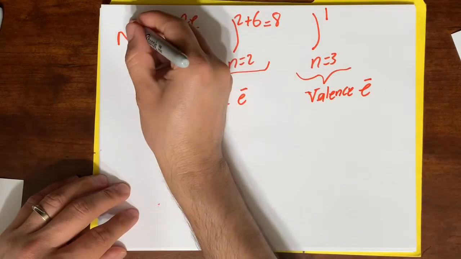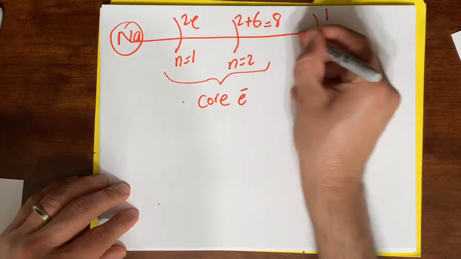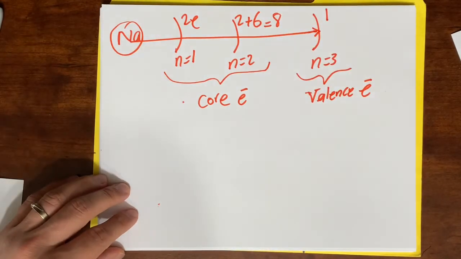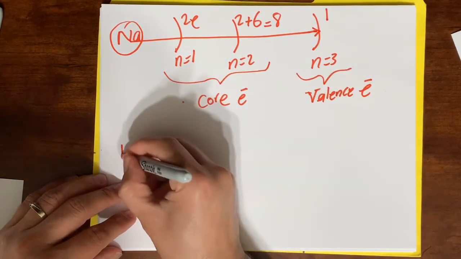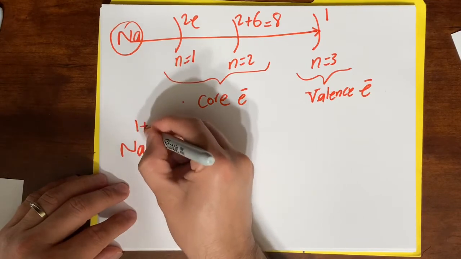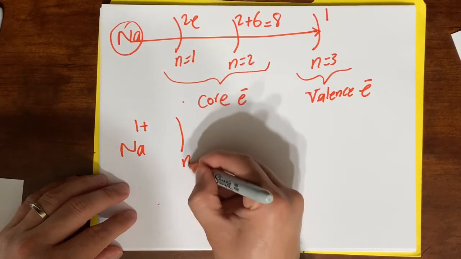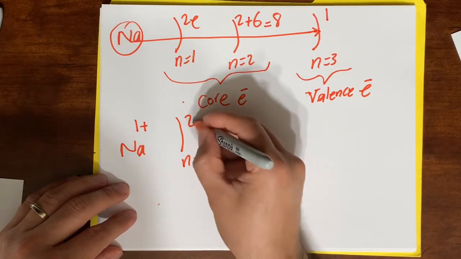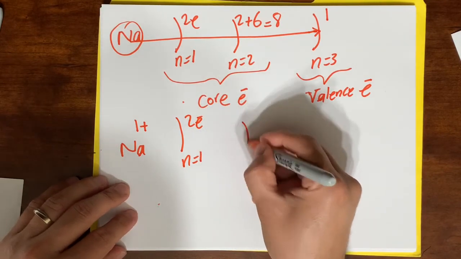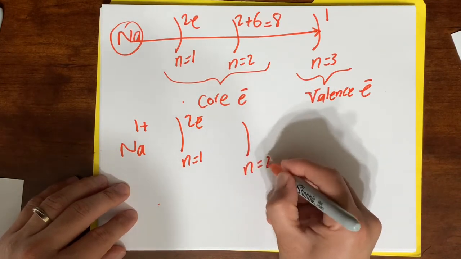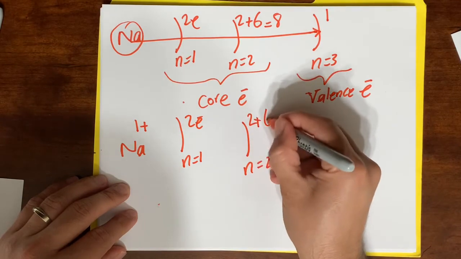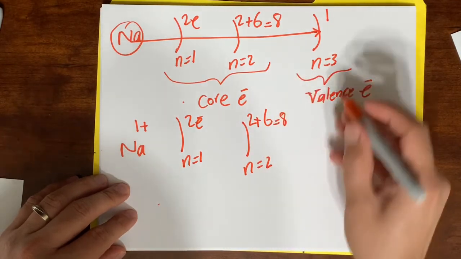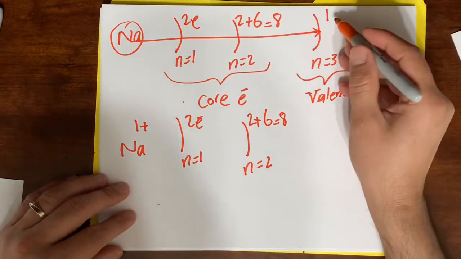You take the valence electron, compare it with sodium plus 1. You will have n1 with 2 electrons, and n2, 2 plus 6, 8 electrons. This one is gone.